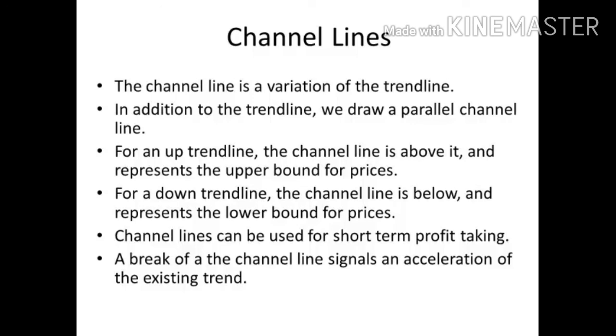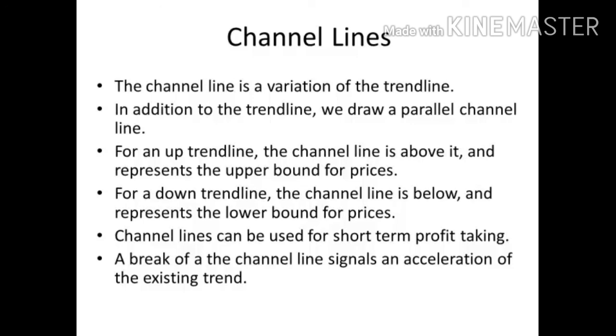So prices will move within that band, within that channel. And likewise, for a downtrend line, because the trend line will be above the prices, the channel line will be below the prices. And this will represent the lower bound for prices in a downtrend. This, of course, is fairly self-explanatory and makes sense.